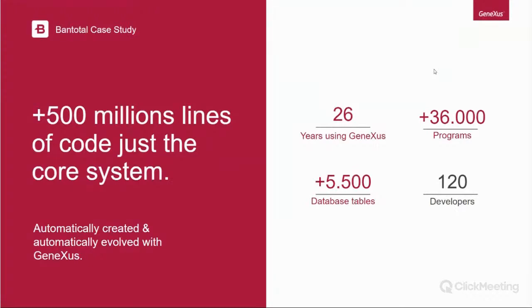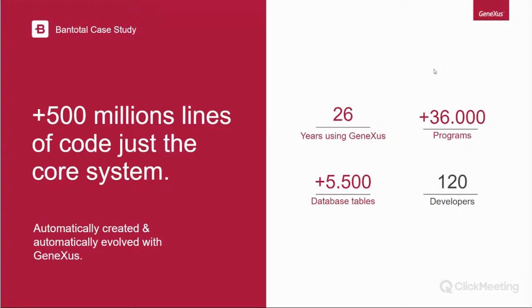So Bantotal was able to evolve and to maintain their product thanks to all of the technologies in which Genexus has updated itself, in order to provide the certainty that we talked about to their end customer, the certainty that your knowledge will remain and will be evolvable and maintainable through time, no matter the different technological changes.